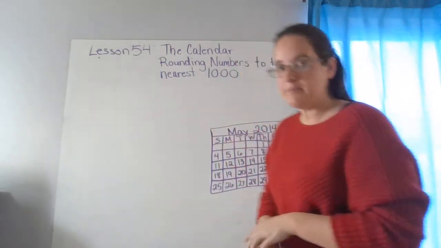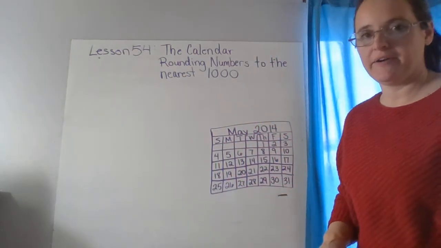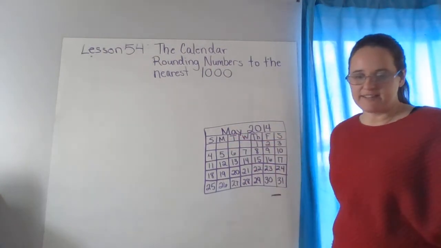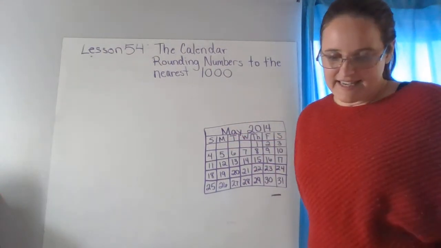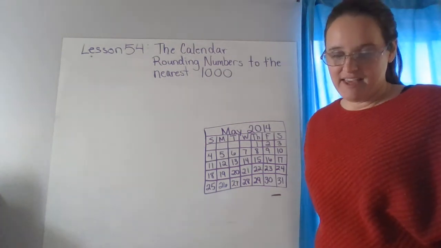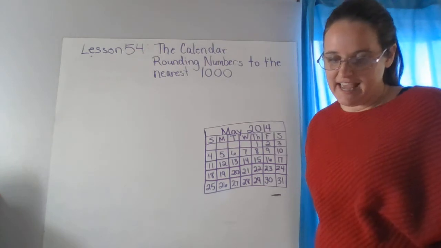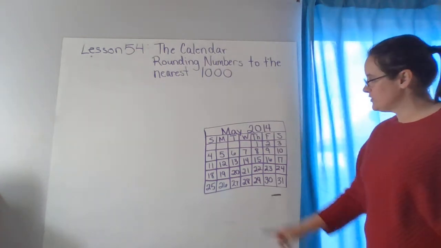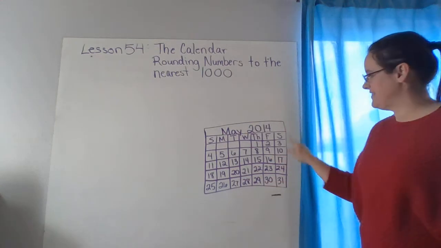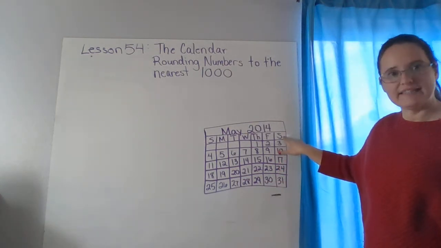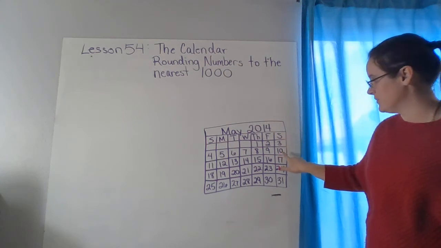So for example 2, we're going to look at this calendar here. This is a calendar from May of 2014, and it says, according to the calendar, May 10th of 2014 is what day of the week? So you should be able to find the 10th, and then you look up here and see it's the last day of the week.